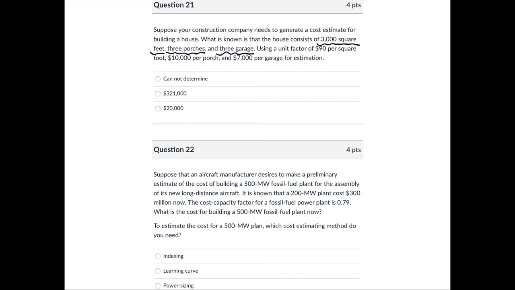So what is the cost for this house? So you've got 3,000 square feet and you've got 90 per square foot. Okay, so that's the cost for the floor plan.